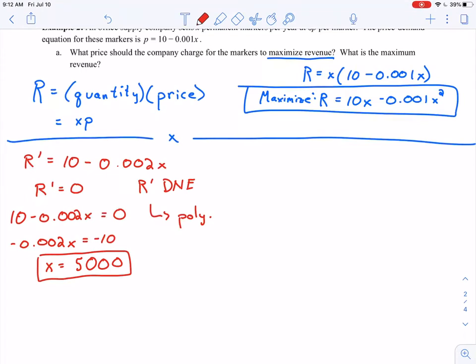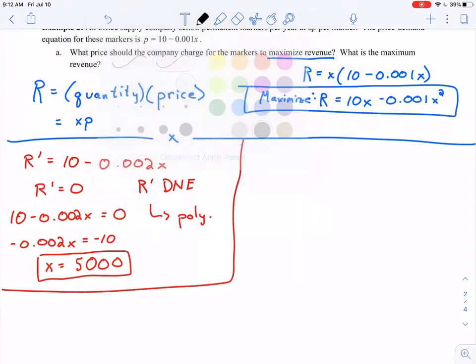Now, let's say I need to find my domain next, because my domain will determine how I'm going to show that this is the absolute maximum. Am I working on a closed interval or am I working on an open interval? In this problem, I'm going to come back to this in just a second.